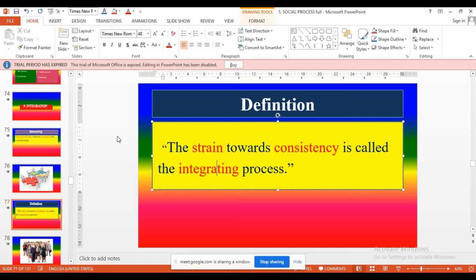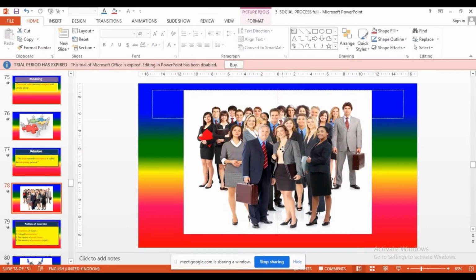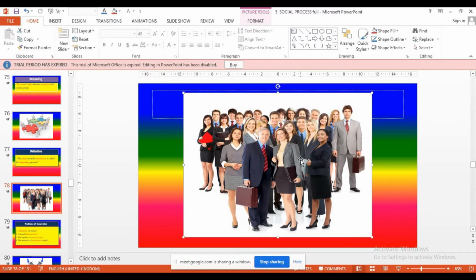Consistency means permanency of relationship. Look at this. Integrate and coordinate each personnel in the organizations.